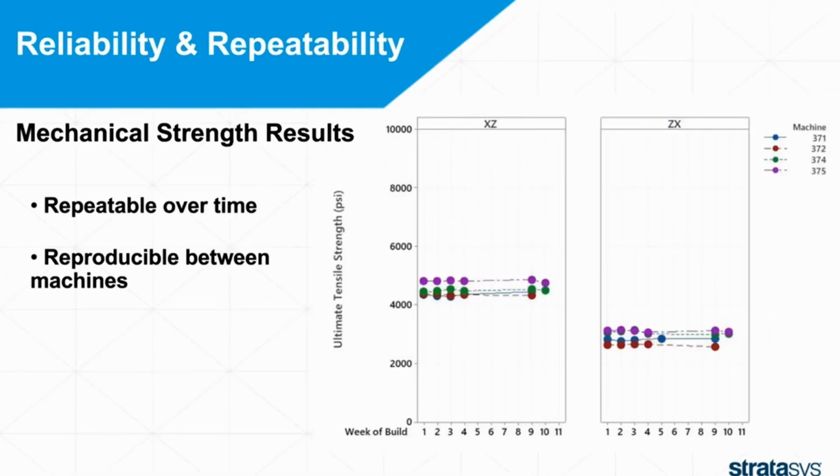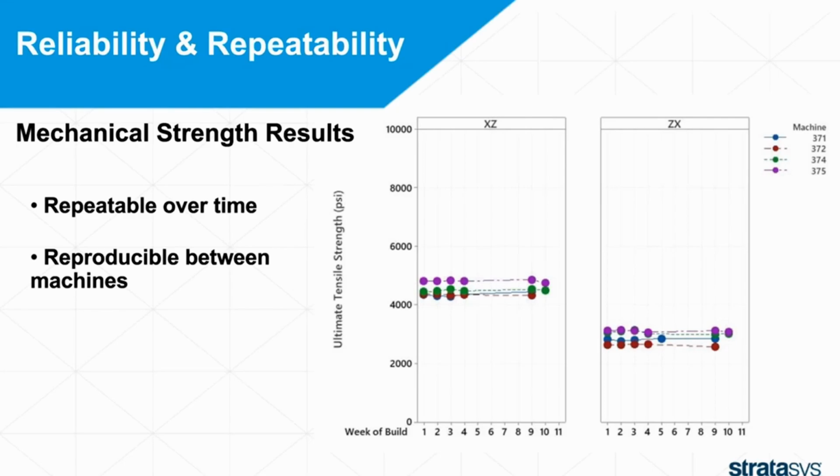As mentioned within the study, at several increments throughout the build process, we printed mechanical coupons. And so this is looking at the mechanical strength of ASA on the F370 over time. What we're showing with these graphs is that for both orientations, we are repeatable over time and reproducible between machines.